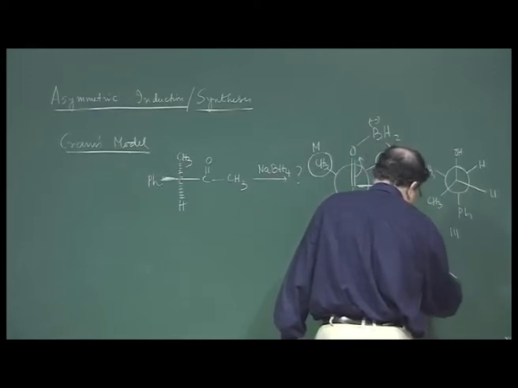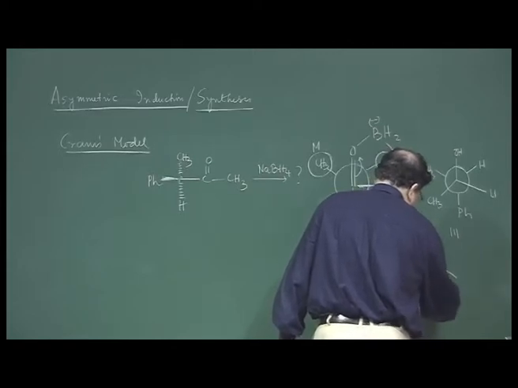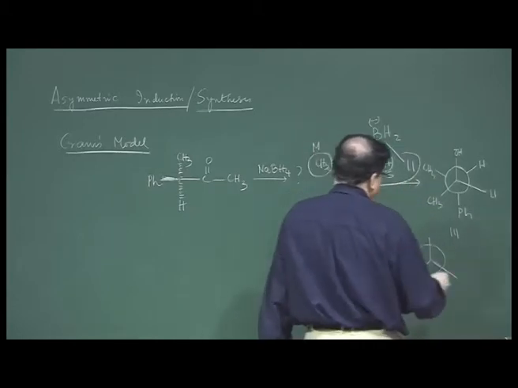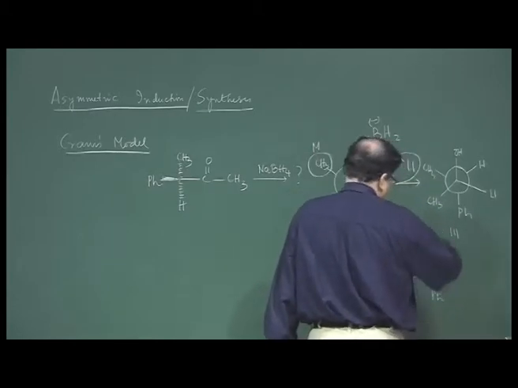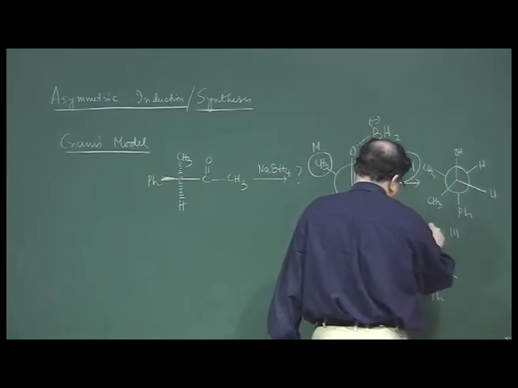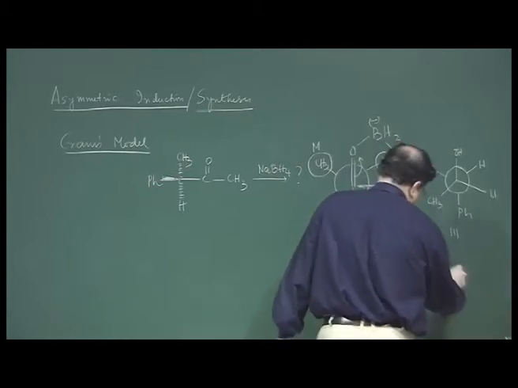So, in syn and anti, what you do, you have to place the carbon chain in a zigzag fashion. Okay. So, put this methyl here, the phenyl there, and the OH.